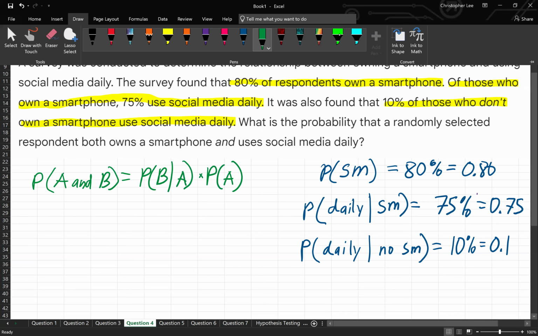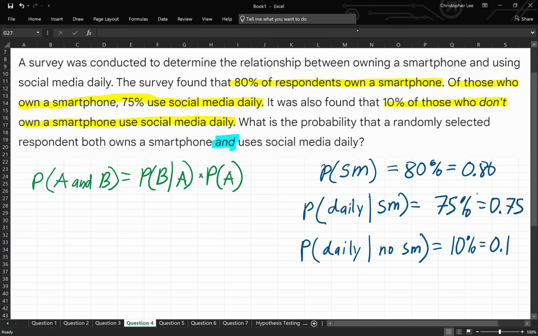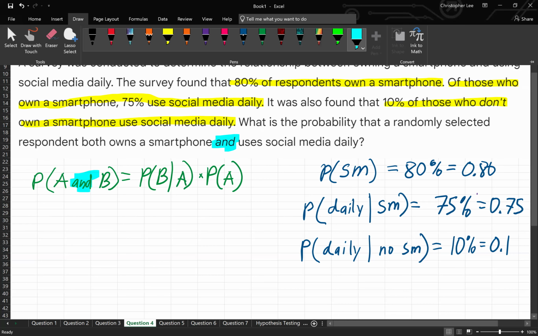Keyword there is and. So that's how I know to use the and formula from the formula sheet. That's simple.